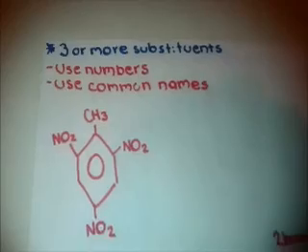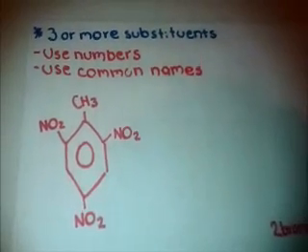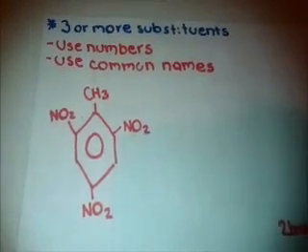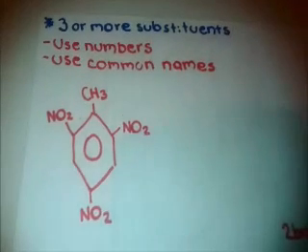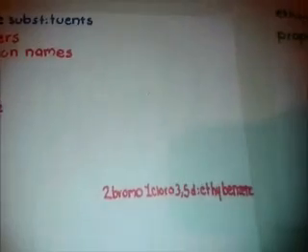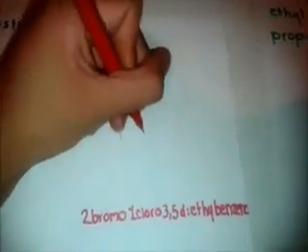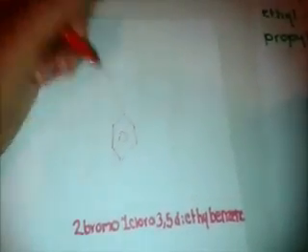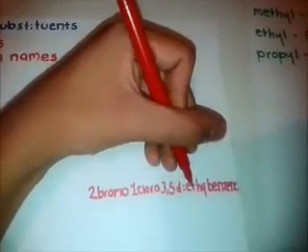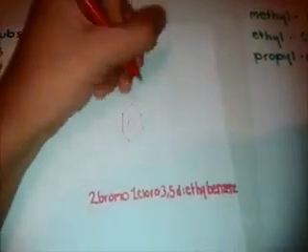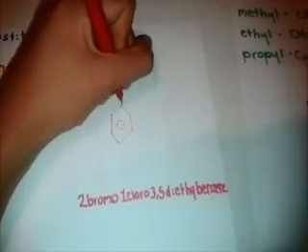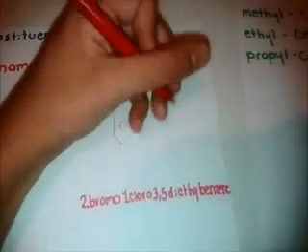Let's move to 3 or more substituent aromatic compound naming. There are 2 methods: use numbers or use common names. Let's start with this one that already has the name of the compound. We have to start by writing the hexagon. Then we have to check. It says ethyl benzene. The ethyl is in the third position.